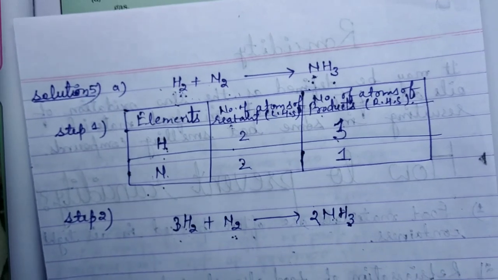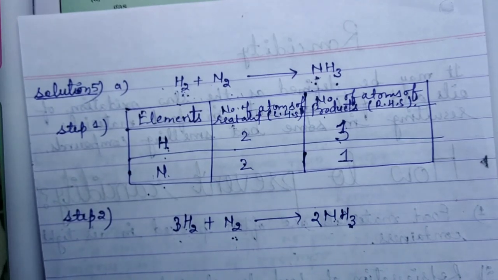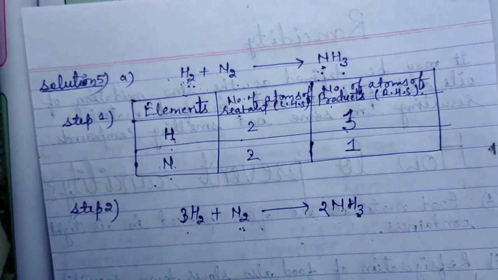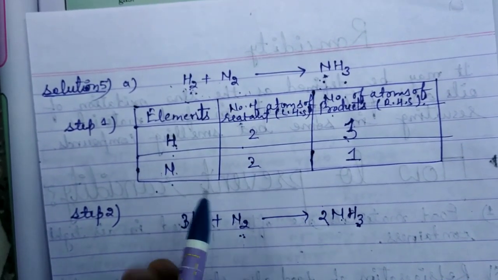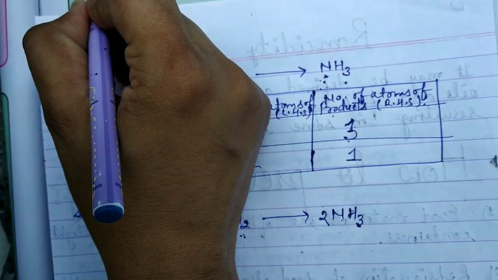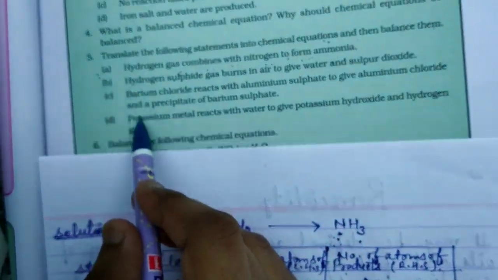Okay, so this means that the equation is balanced now. अब ये हमारी इक्वेशन बैलेंस हो गई है. ठीक है, सो that was the solution of part first. Okay, part A. Now I am giving these.